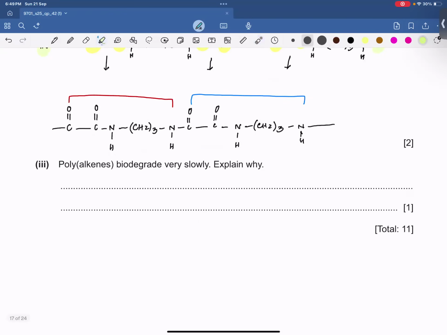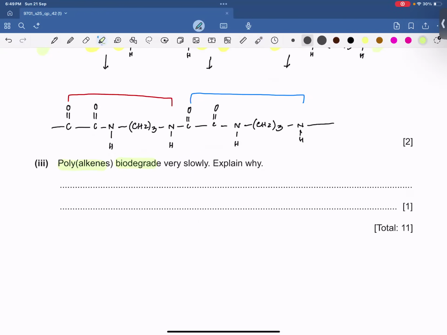Polyalkenes biodegrade very slowly. Explain why. Because of the lack of functional group. Because they are chemically inert and they have a strong carbon-carbon bond. They are non-polar as they are hydrocarbons. All hydrocarbons are non-polar. That's what we have done in AS.